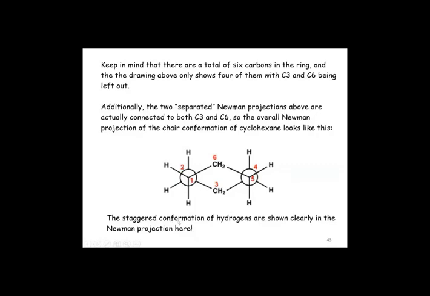And once the position of carbon 3 and carbon number 6 is established, the perfect staggered conformation of all the carbon atoms, or the Newman projection of the entire structure, is quite clear. The staggered conformation of hydrogens is also shown very clearly in this Newman projection.